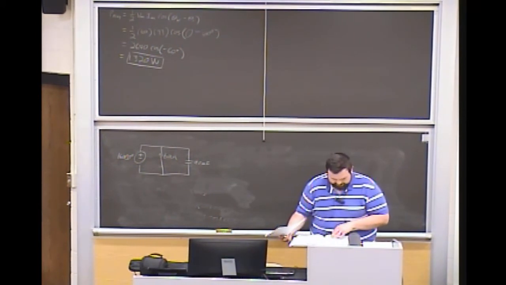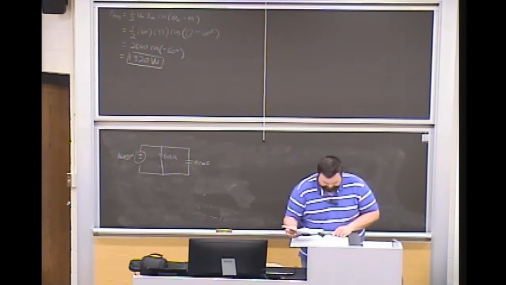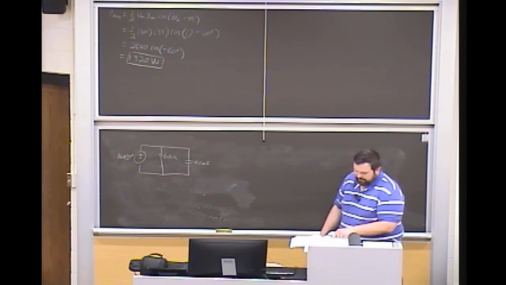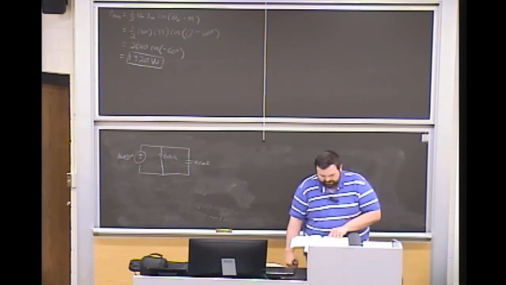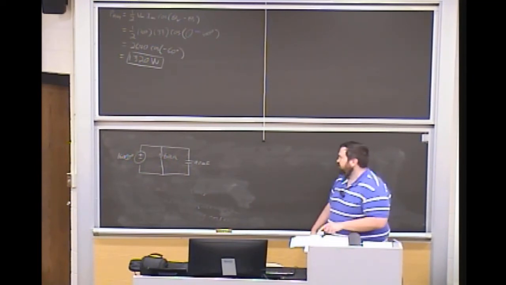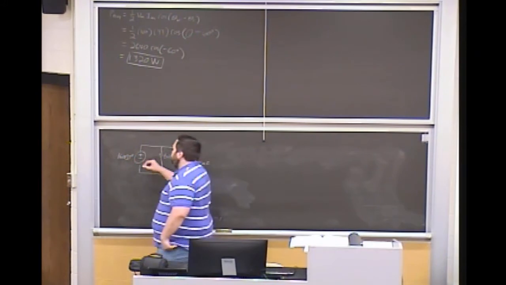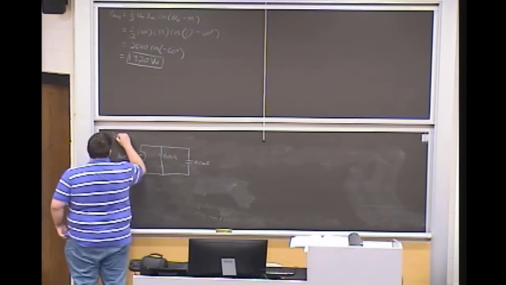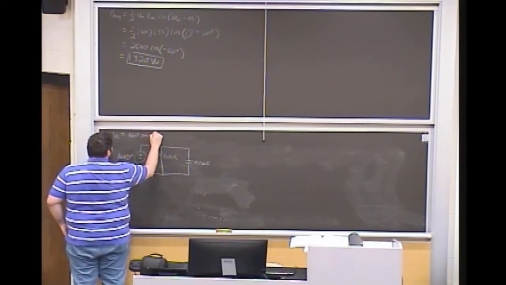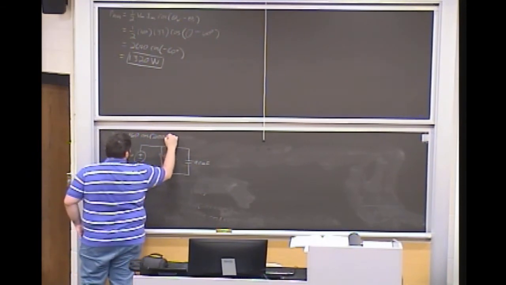Problem 11.3 says, a load consists of a 60 ohm resistor in parallel with a 90 microfarad capacitor. If the load is connected to a voltage source of 160 cosine of 2000 t. So Vs is equal to 160 cosine of 2000 t.